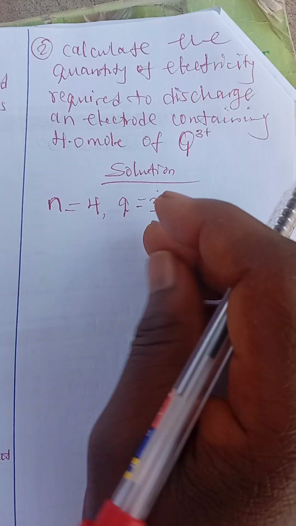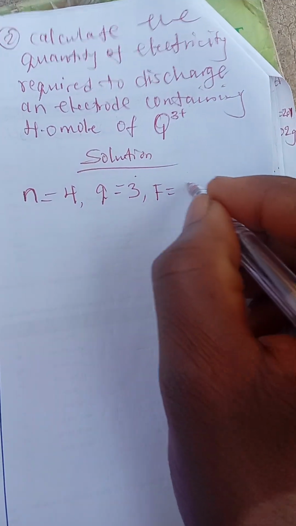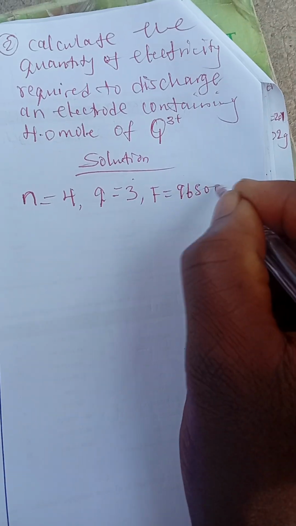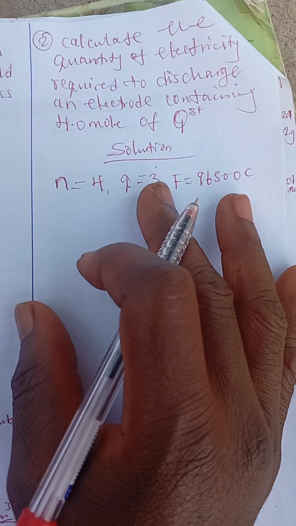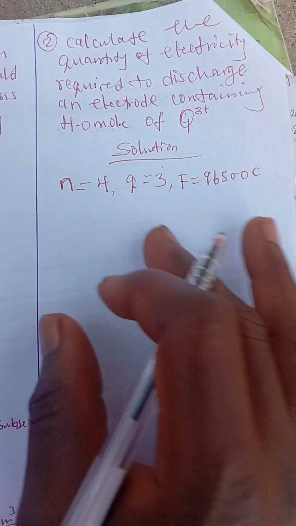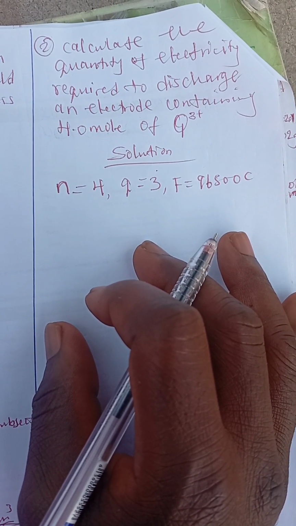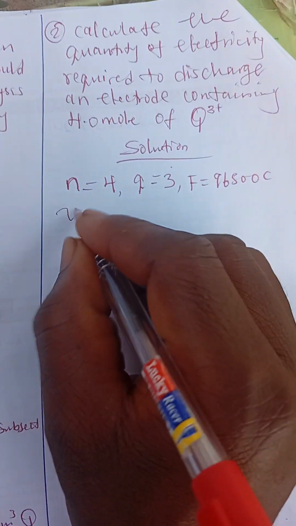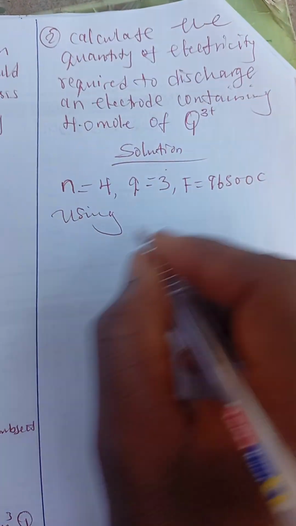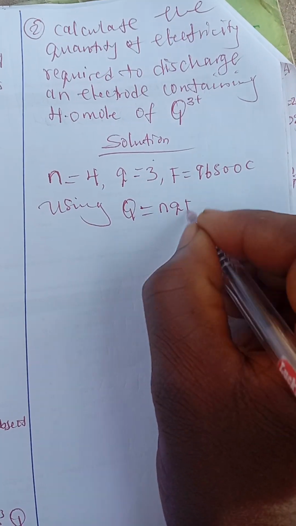Now, what again do we need? We need the Faraday's constant, which is given as 96500 in coulombs. They said we should calculate the quantity of electricity required to discharge an electrode containing this. We already have a relationship: Q equals N times charge times Faraday.